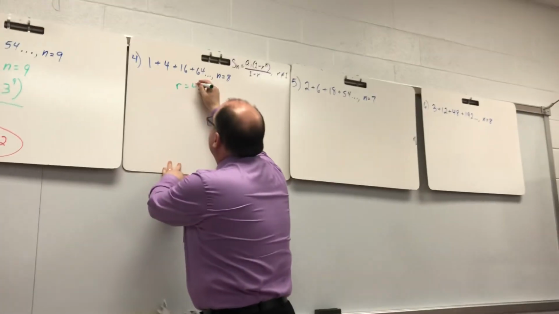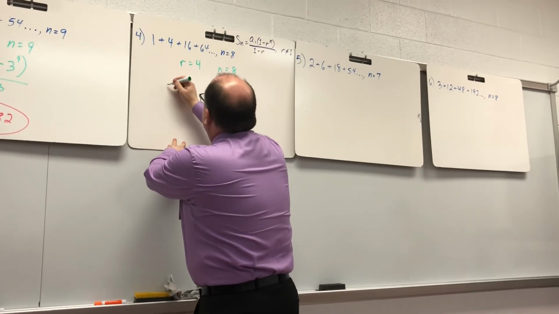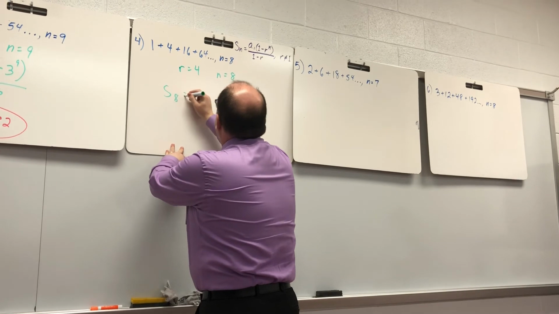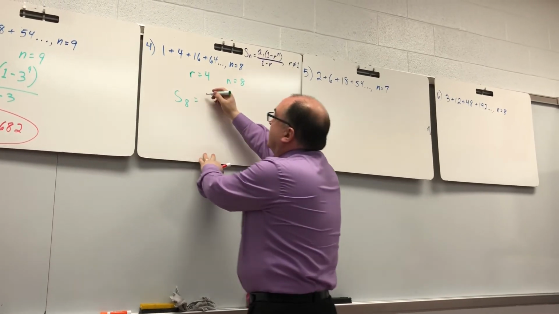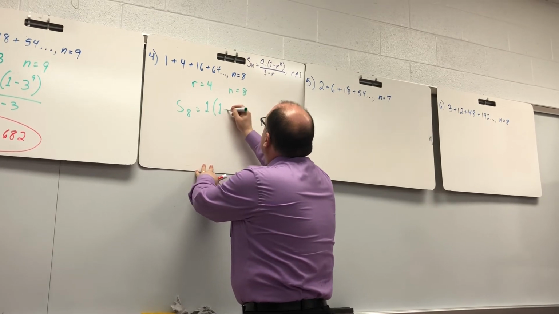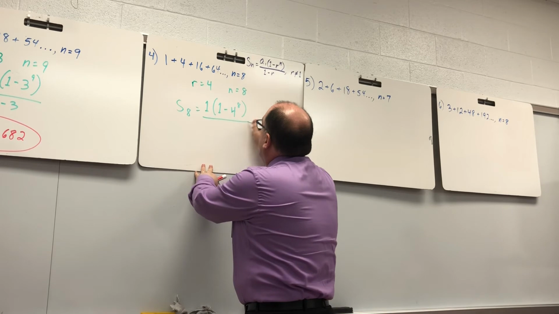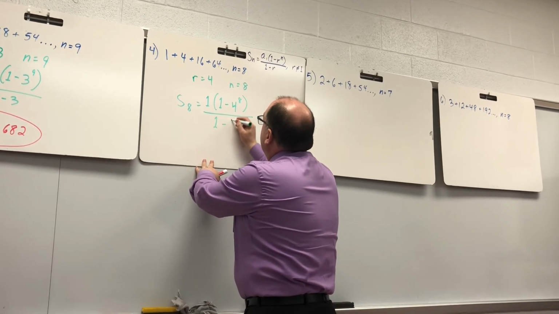What is R here? 4. N is 8. Okay, so S of 8 equals A1, here 1, times 1 minus 4 to the 8th power divided by 1 minus 4.